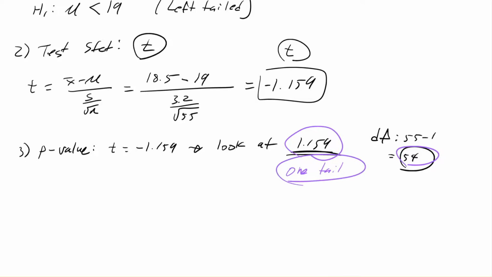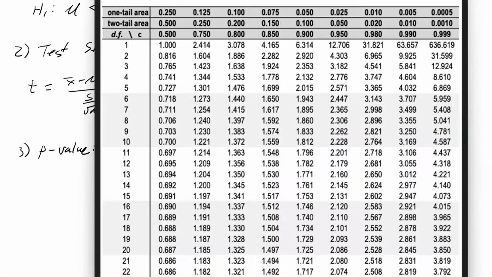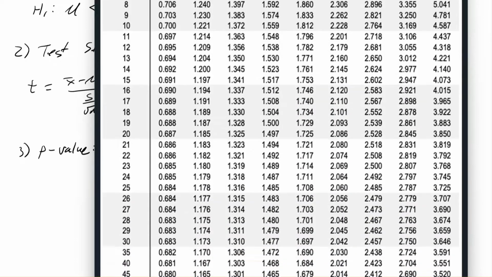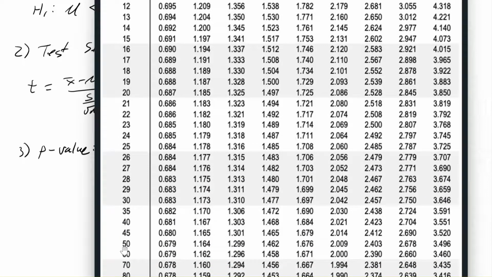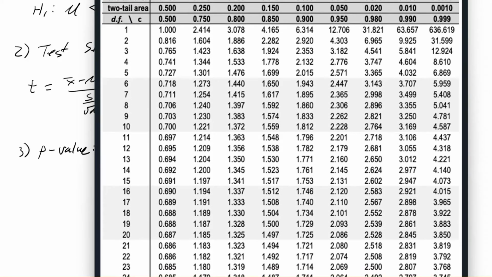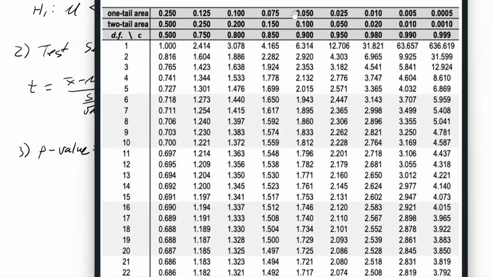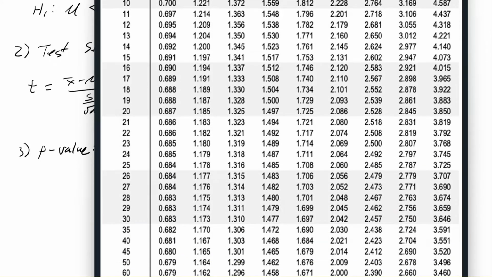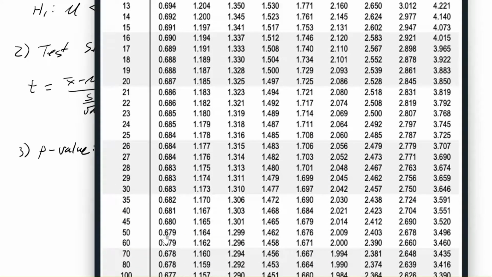So let's look at the t-table. 54, 1.159. 54 is not here, so we look at the smaller one, 50. And we also look at one tail, so we're looking at this row. So let's start from the left, right here, and find the value less than 1.159 and greater than 1.159.